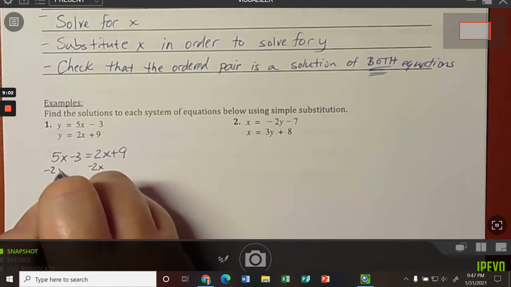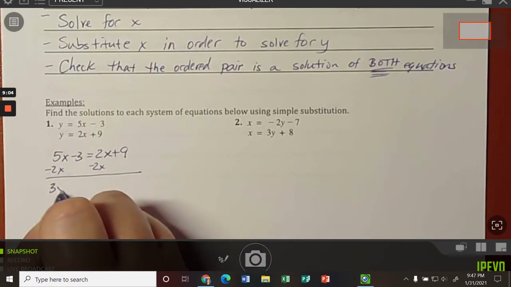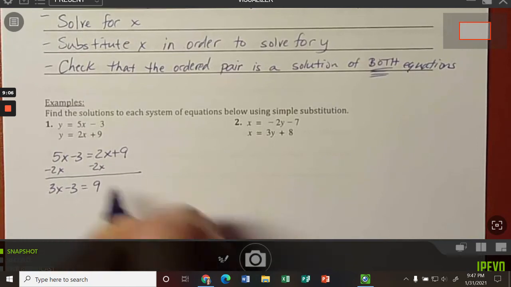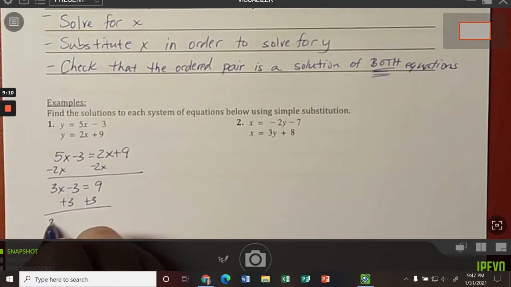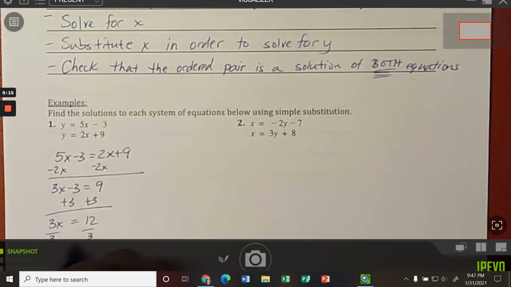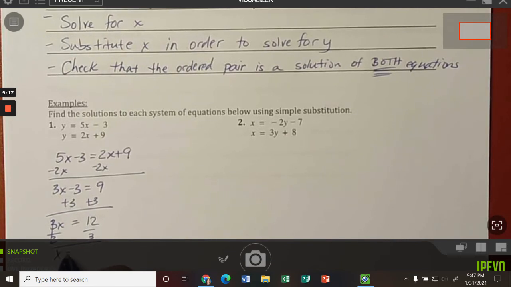We'll subtract 2x from each side. This gives us 3x minus 3 equals 9. And then let's add 3 to each side, which gives us 3x equals 12. And then divide each term by 3 to get x equals 4.